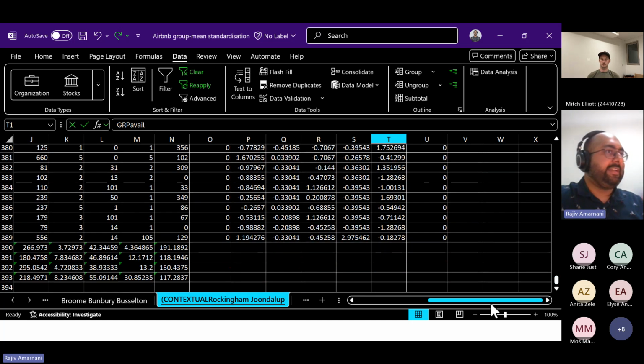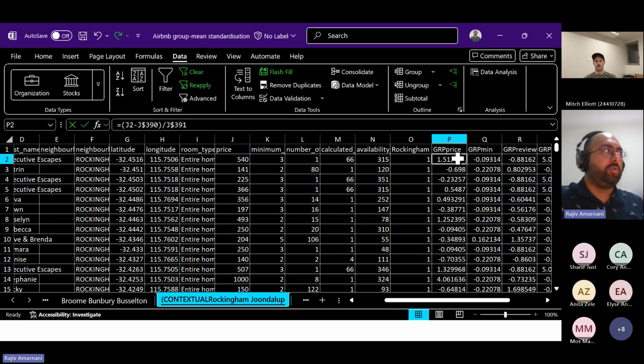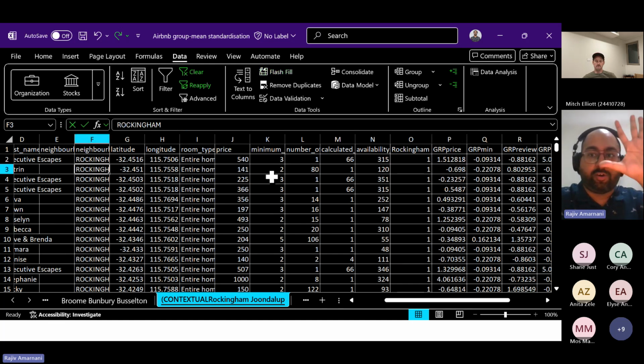I calculated the mean for all of these variables for properties in Rockingham and the standard deviation for properties in Rockingham. Same for Joondalup, mean and standard deviation. So I computed the Z score of every property, not relative to the whole sample, but only to the suburb they're in.